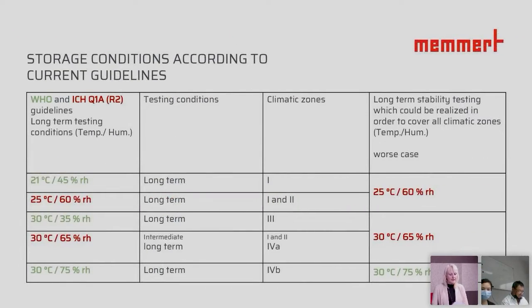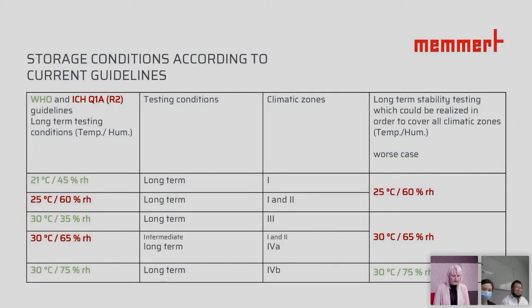Here we can see information on all the different climate zones available on the globe, and also some details under which conditions the testing will be done. So here we have information from WHO and ICH Q1A. We refer to the long-term testing. For climate zone 1, it says 21 degrees, 45% RH.